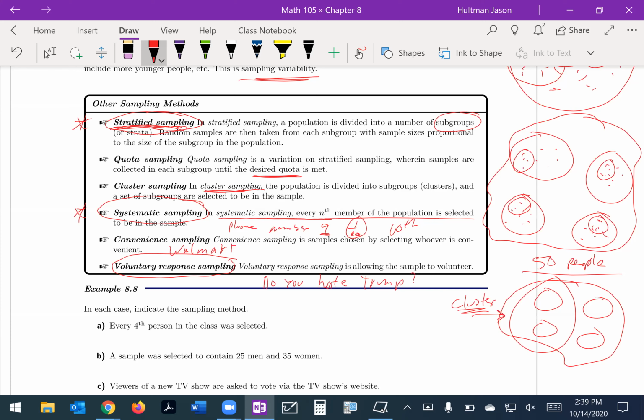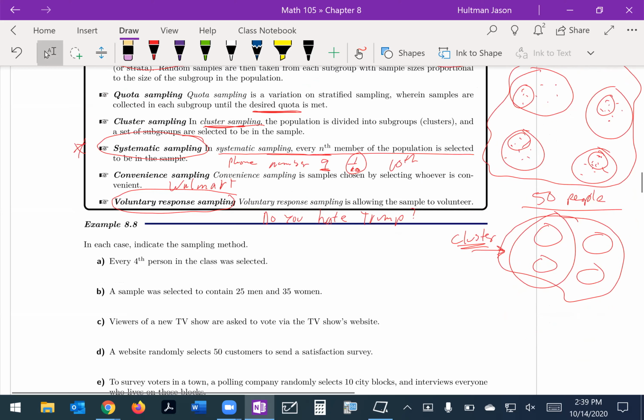They're going to be maybe triggered more with this statement, and they're going to be like, oh yeah, I hate him. Whereas somebody who is on the fence about him or likes him probably wouldn't be so triggered by this statement, and they may not respond to the survey. Does that make sense? So voluntary response sampling, that also is not good.